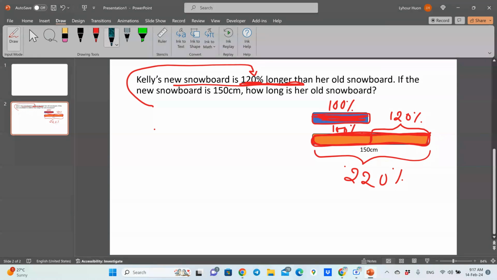Okay. So now we don't know the length. What we are looking for is the length of the old one, right? Let's denote the old one's length as x.